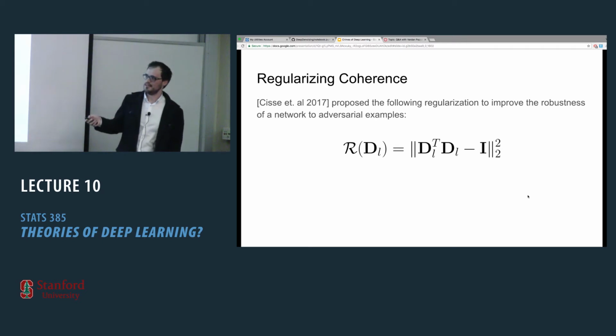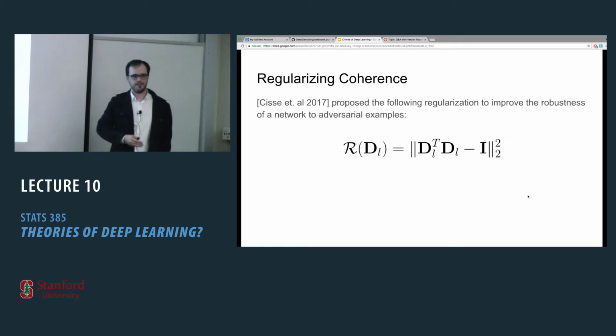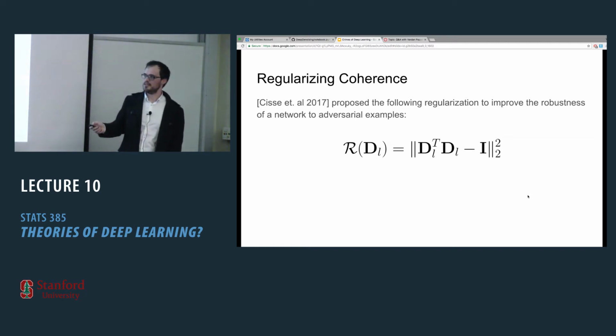These guys had an interesting idea. They said, let's add this penalty to the objective that the CNN is minimizing. What is this penalty doing? It's basically minimizing the average mutual coherence, because this is a matrix which contains the correlation between all the different filters. And according to the theory I've presented, this means that you're going to be more robust to adversarial noise.